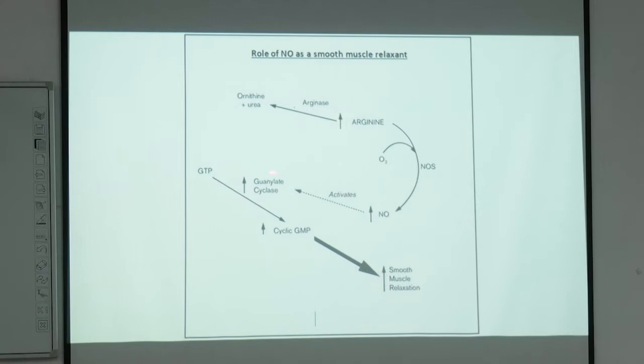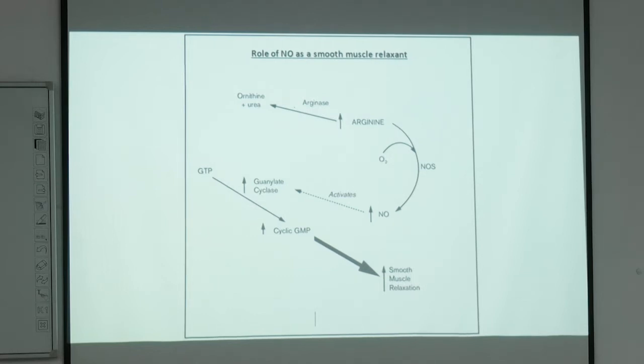This enzyme converts GTP to cyclic GMP. And this cyclic GMP helps in the relaxation of smooth muscles. These smooth muscles are present on the blood vessels. So cyclic GMP is important for dilatation of vessels.